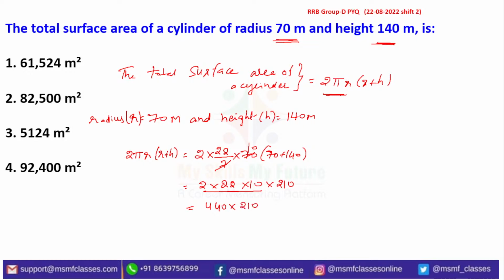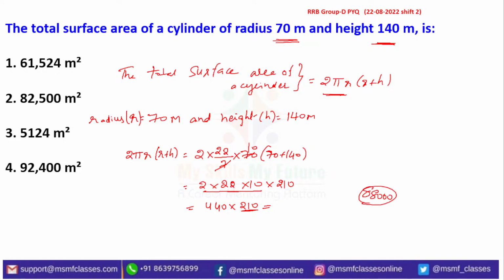440 into 210. Just see the options. 440 into 200, we get 88,000 approximately. I am not saying exactly. Here I am taking 200, so the value is more than 88,000.